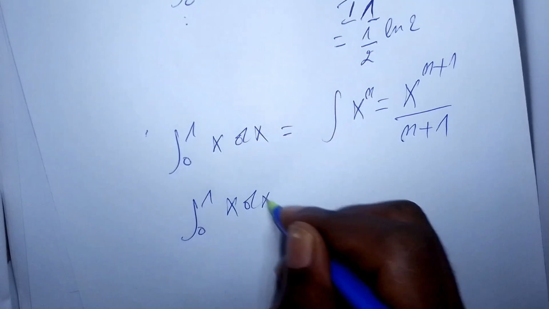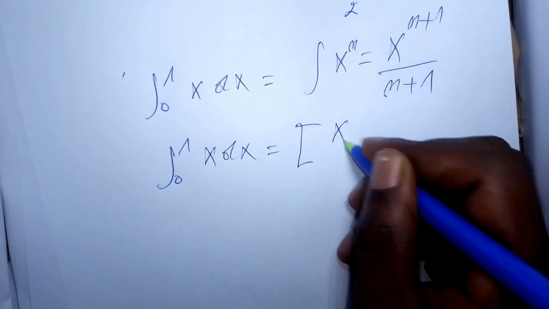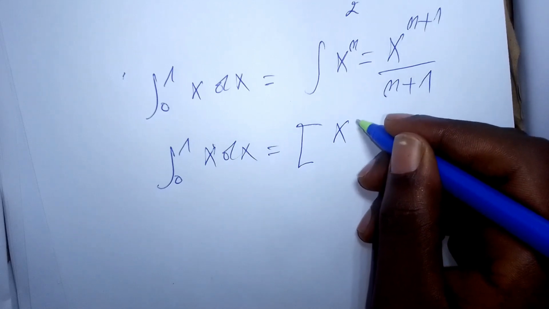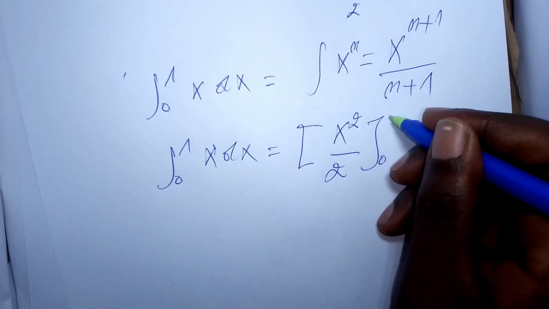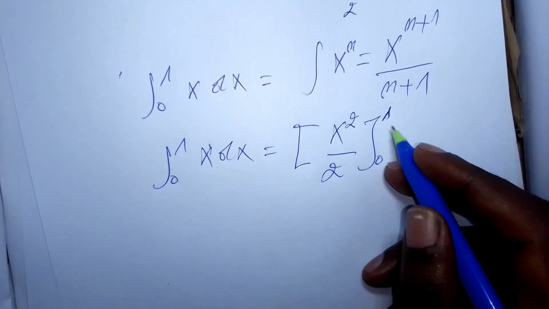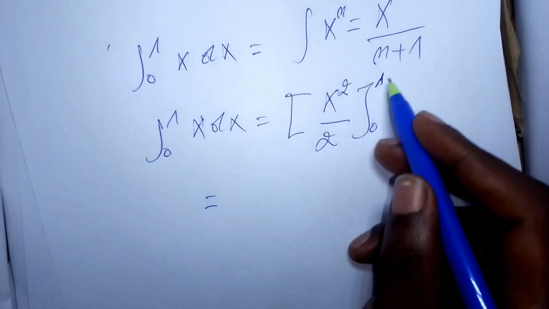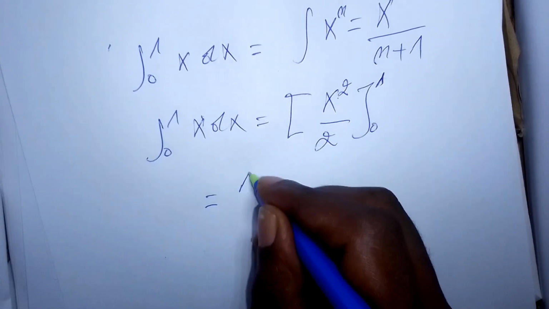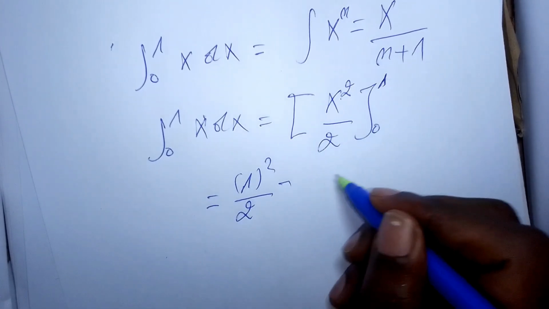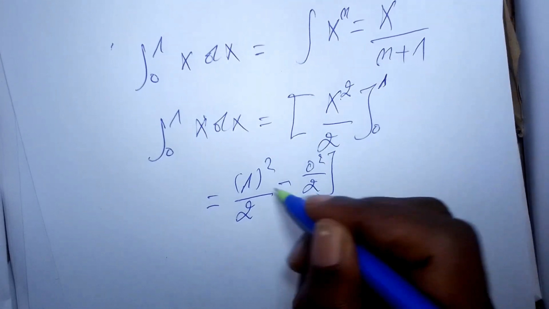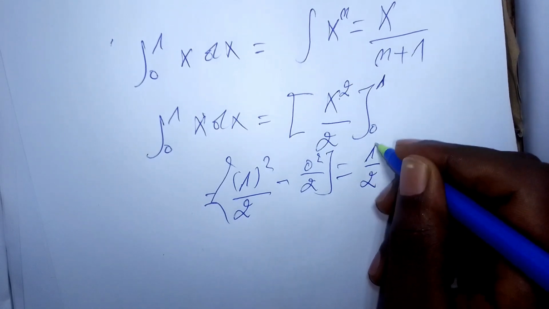So the integral of x dx equals x, here we have power 1, we add 1, that is x square over 2. We put in the boundaries, plugging in 1 square over 2 minus 0 square over 2, so we have 1 over 2.